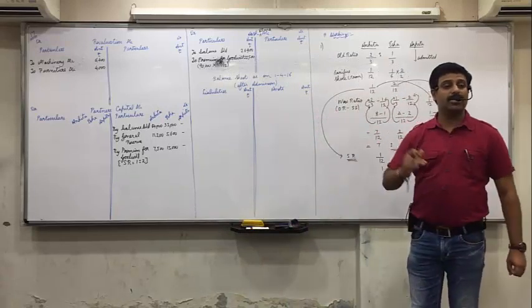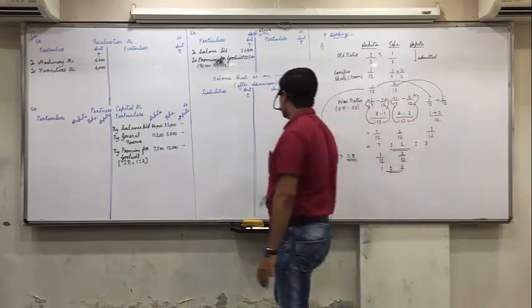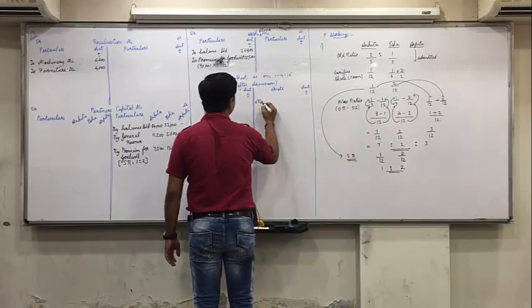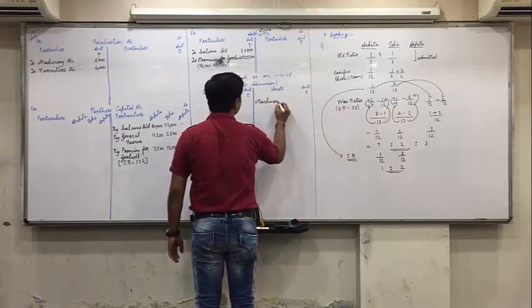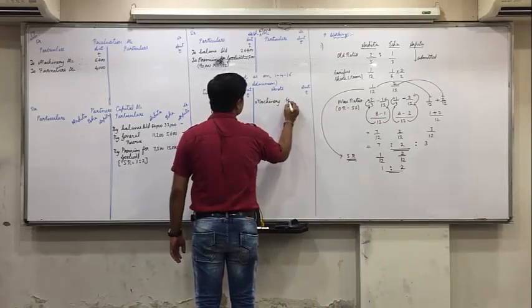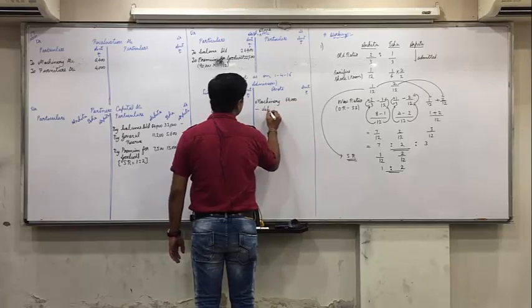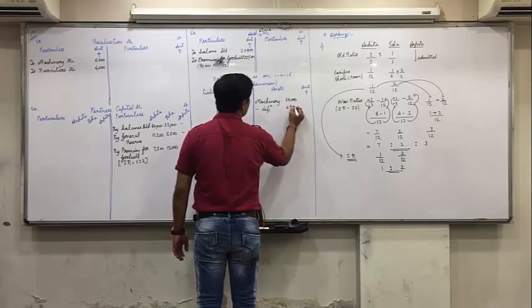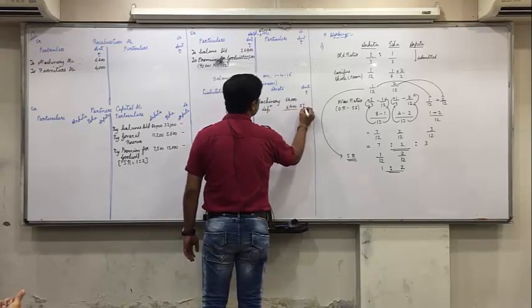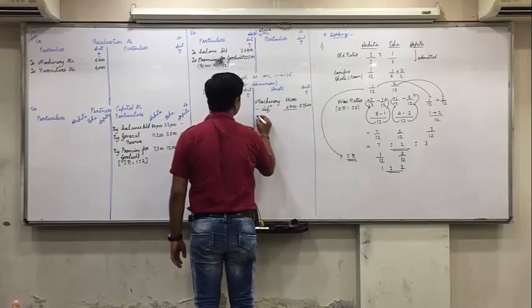And minus from machinery and minus from furniture. Put tick on machinery and furniture. Machinery 64,000 minus depreciation 6,400, 57,600.